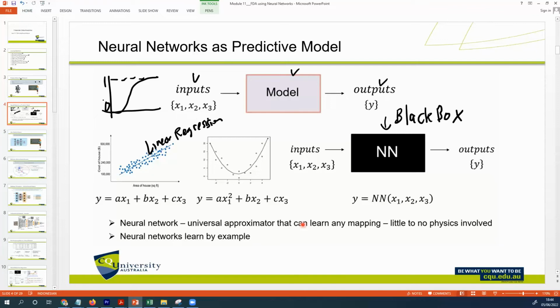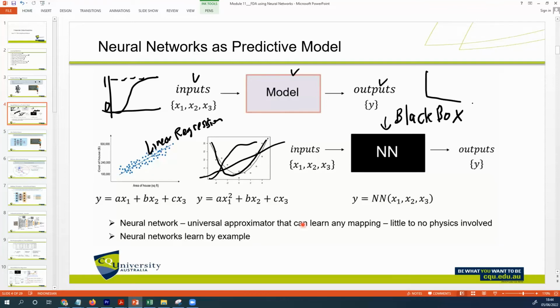What is so special about neural network? The model can be bent, like this. If this is the model, you cannot make the model like this, but the model may be like this.